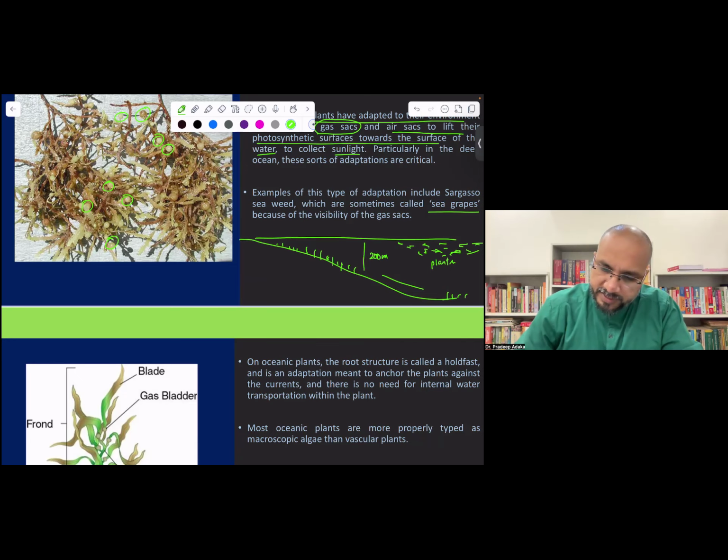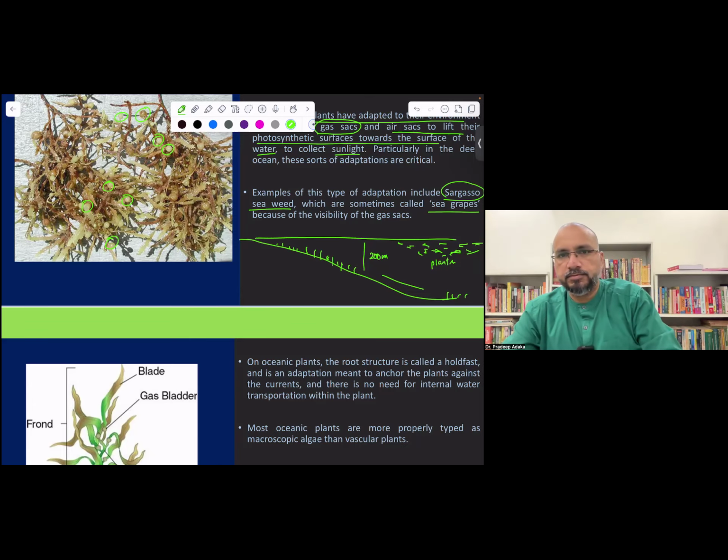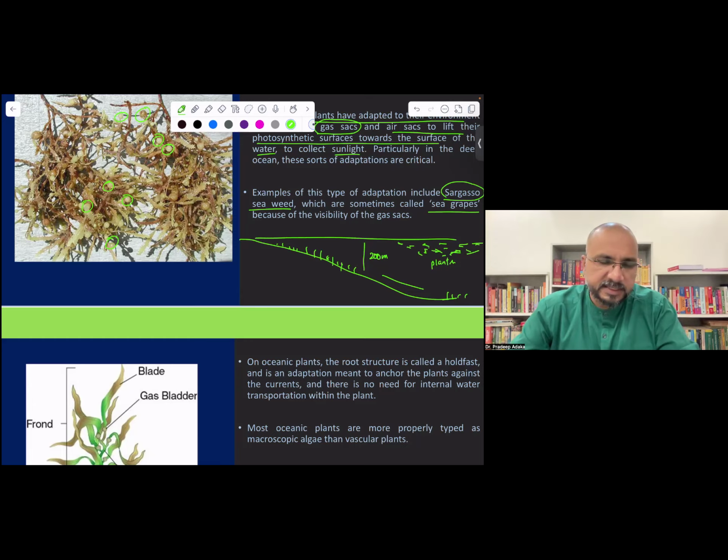Examples of this adaptation include sargasso seaweed. Sargasso seaweed is in the northern Atlantic Ocean. You can see this big mass of sargasso weed. In the Atlantic Ocean there is a large area where you will see these weeds floating in the water.